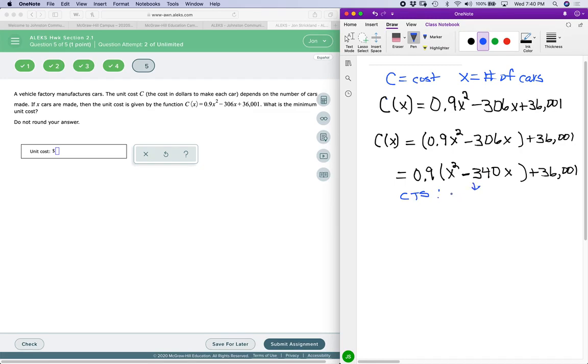And crossing over to the completion of the square, I'm going to take half of negative 340 and square it. Half of negative 340 is negative 170, and squaring it, you have 28,900.